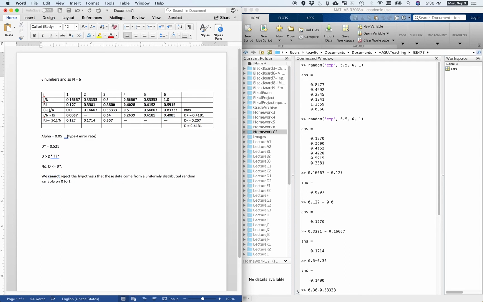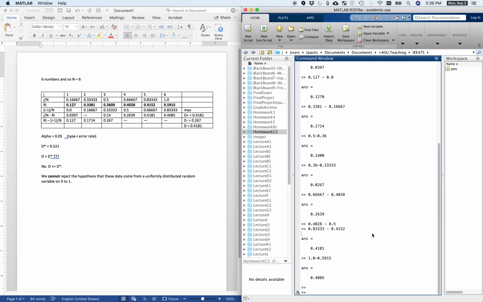All right, so let's do a second example where we actually use data that did come from a uniformly distributed random variable, and see what happens there. So you get to see this process all over again, but I'll do it with 7 numbers this time.